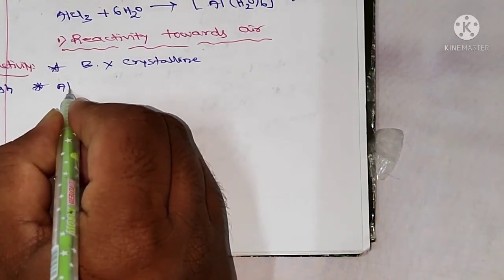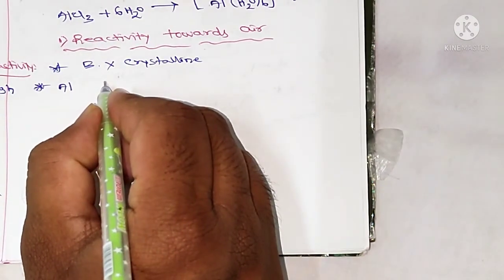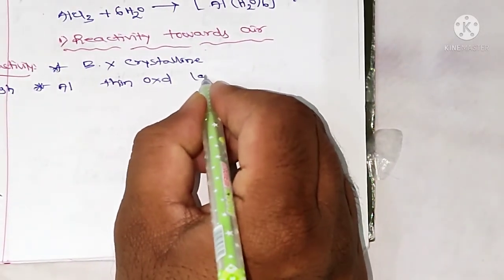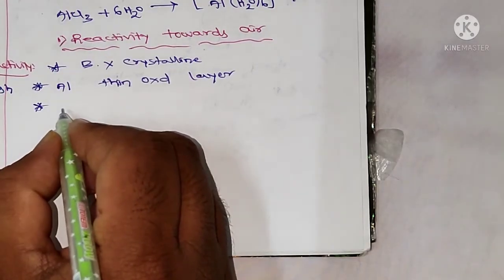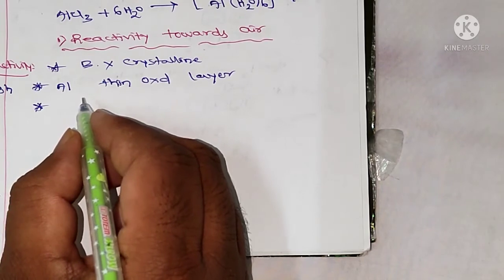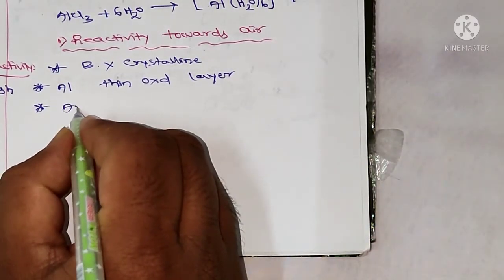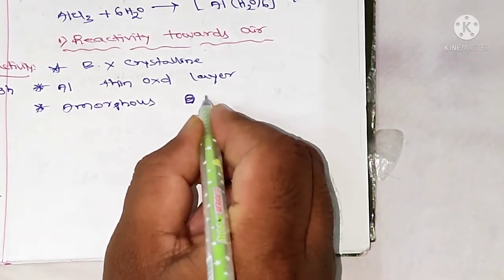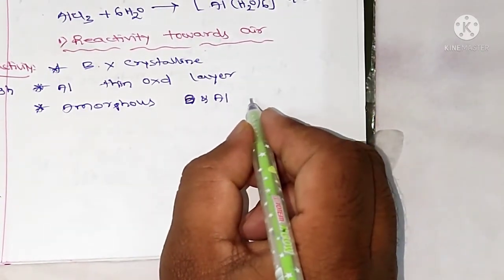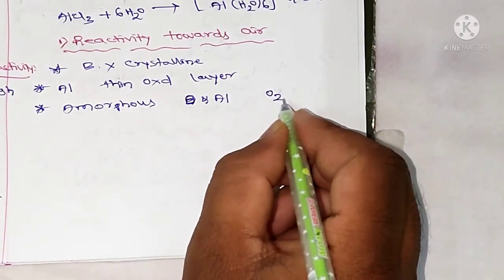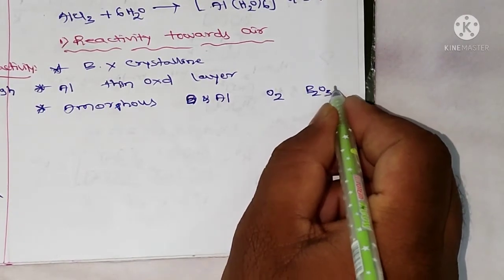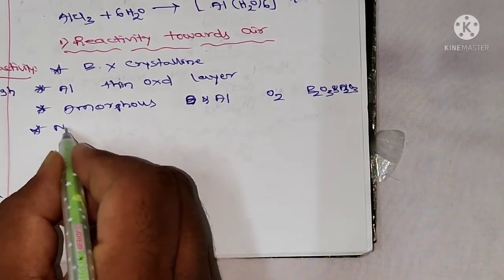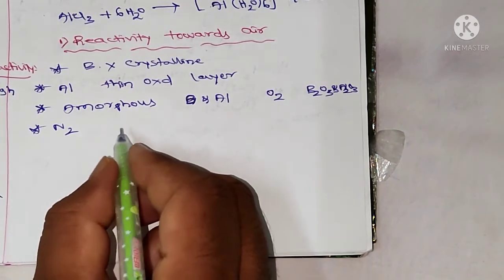The amorphous forms of boron and aluminium on heating react with air to form B2O3 and Al2O3, and with N2 at high temperature they can form nitrides.